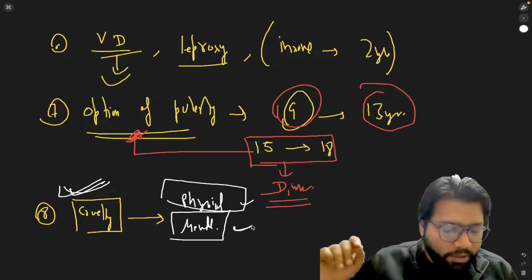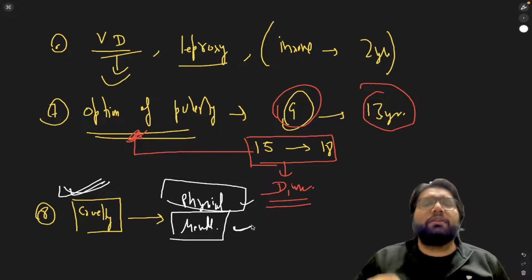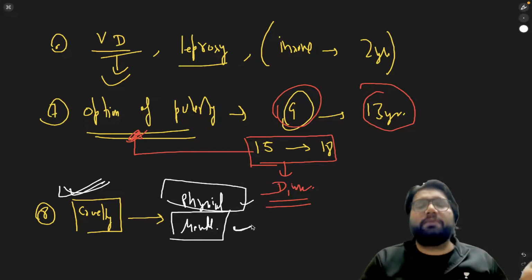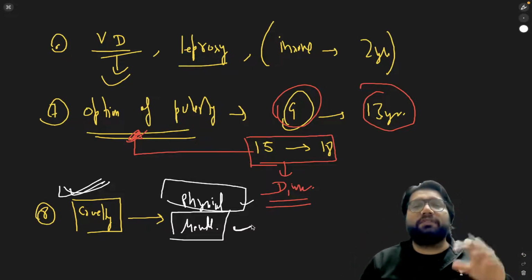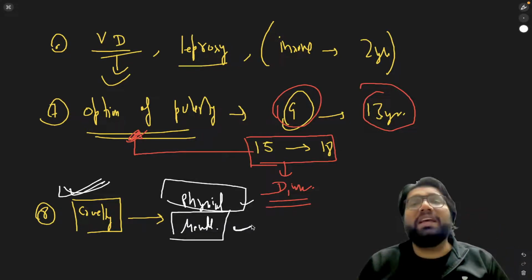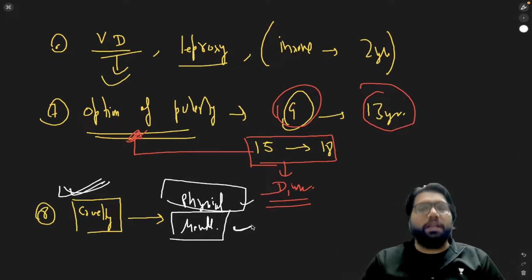Next one is if he has more than one wife. We all know that when it comes to Muslim law, one person may have a maximum of 4 wives at the same point of time, but there is one condition as well. If there is more than one wife, suppose 2 wives or 3 or a maximum of 4, in that case the husband needs to treat everyone equally.